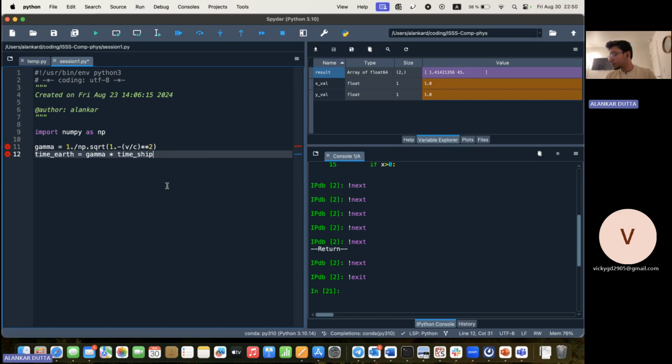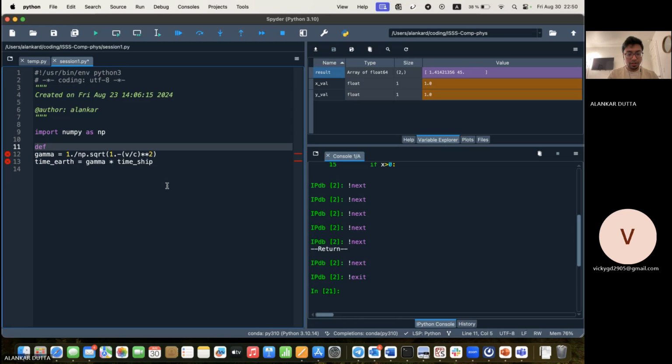And let's now again try to have a function which would put this in. So therefore we will give a velocity in here. So we'll have a definition again, which is a function for the time. So we will have distance in here, and then we will have something like a velocity.